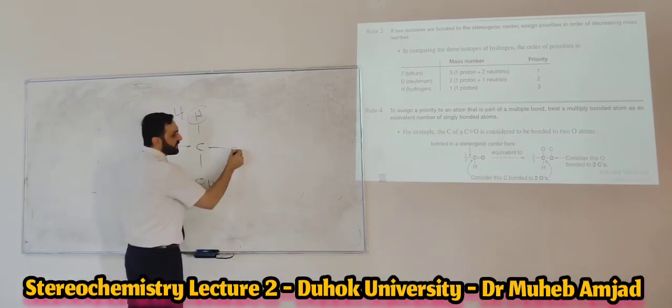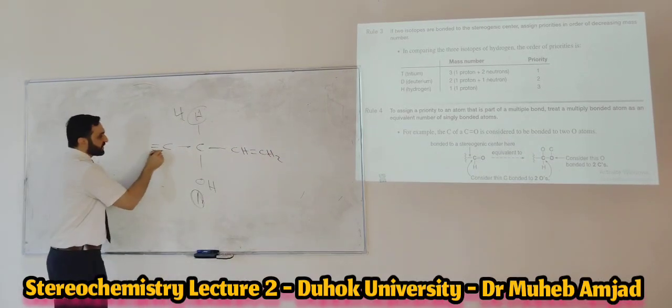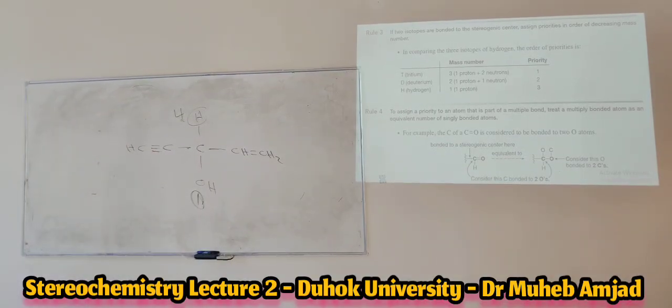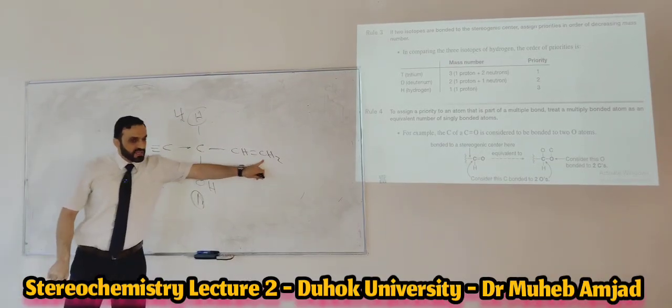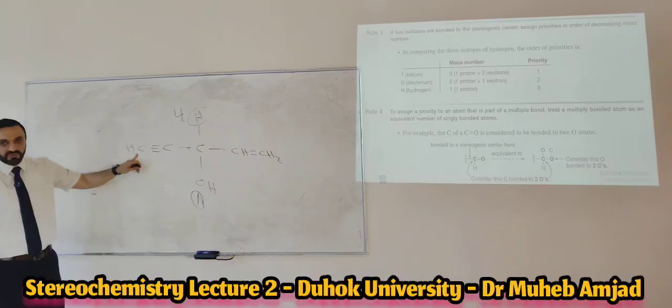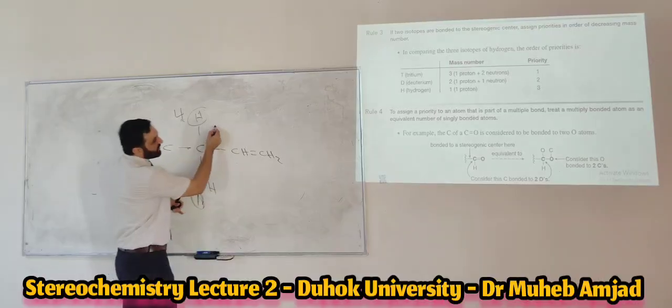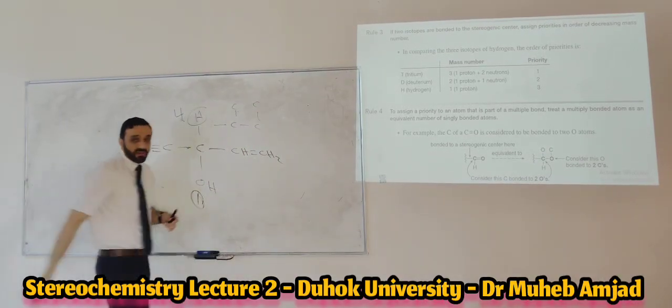Now, for example, you have CH double bond CH2, and here you have carbon triple bond CH. Assign the priority of these groups. Carbon is bonded to carbon here, and carbon is bonded to carbon here, no difference. A carbon double bond means this is equal to two carbons, multiplied by 2, so 4 carbon atoms.